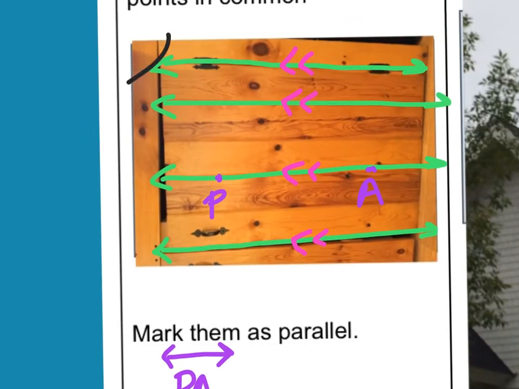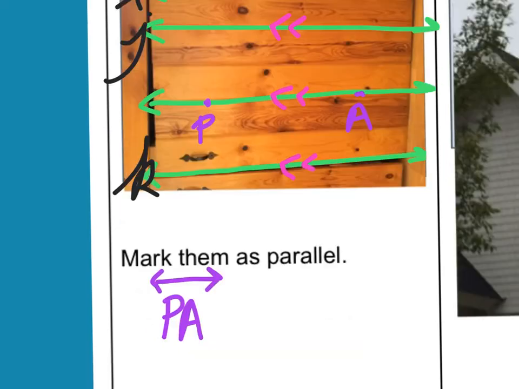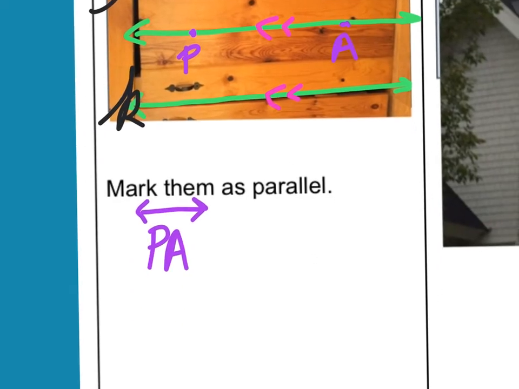I can call this one line L, this one line J, this one line K. So a lowercase cursive letter represents a line. If I want to say that 2 lines are parallel, this is the symbol I use to show parallel lines. So I can say line PA is parallel to line K.